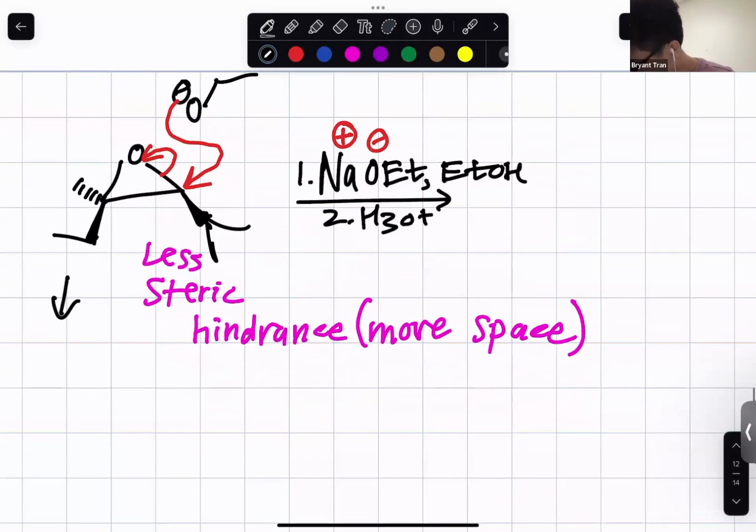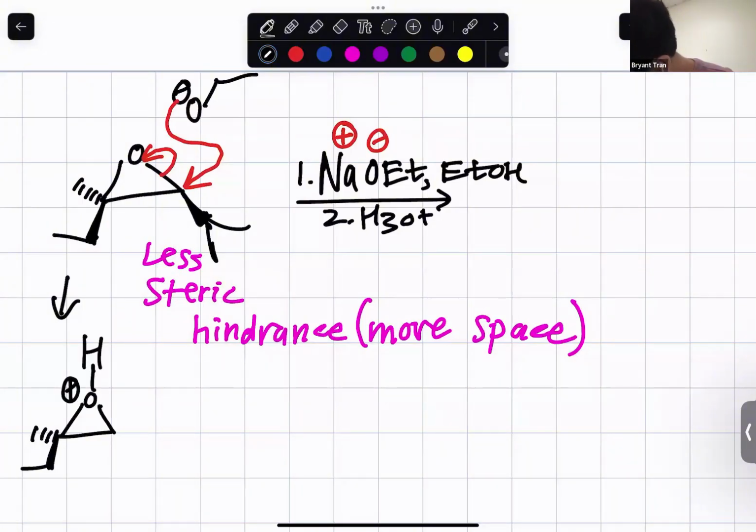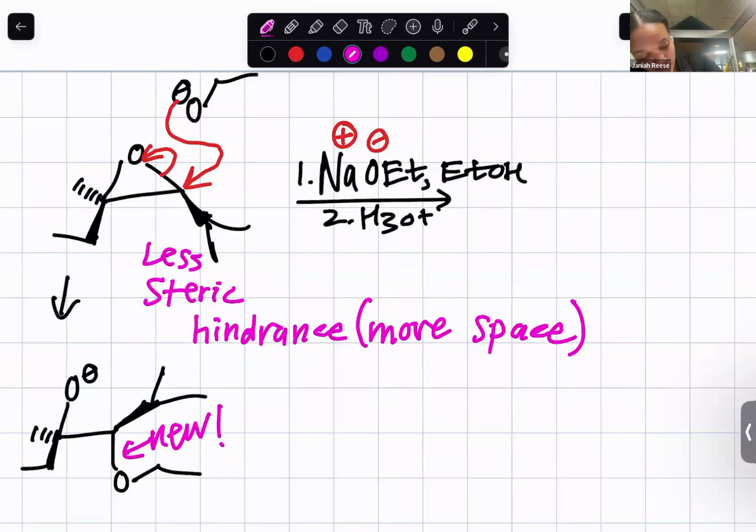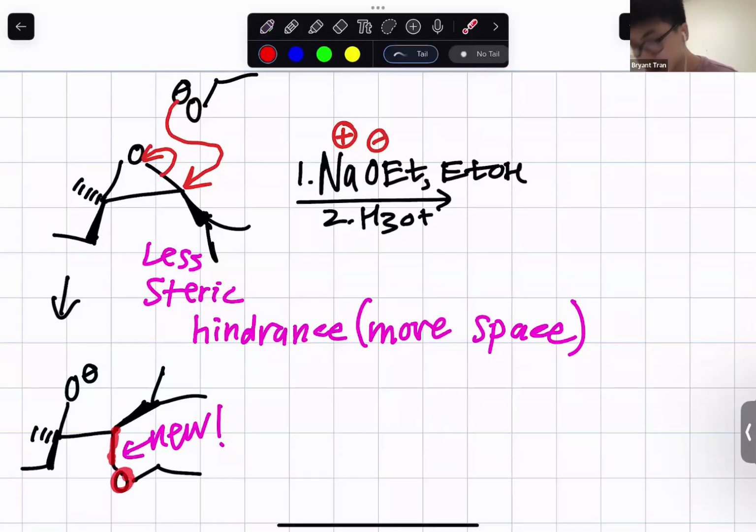We're going to have oxygen with the negative charge, and then oxygen there, and that, like that. Does that make sense so far? This right here is the new bond that we created between the carbon that was attacked and this oxygen atom right here. This is the new bond right there.